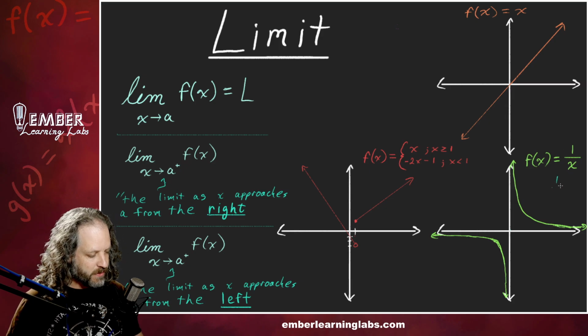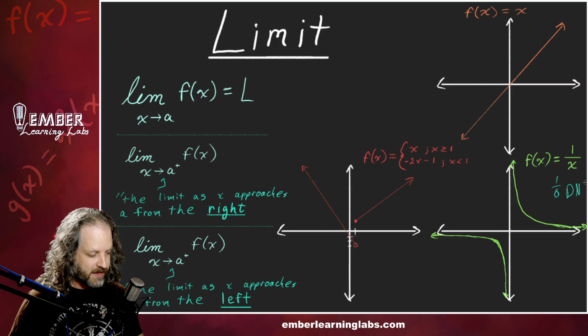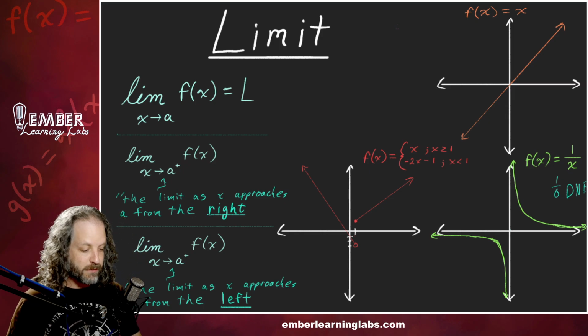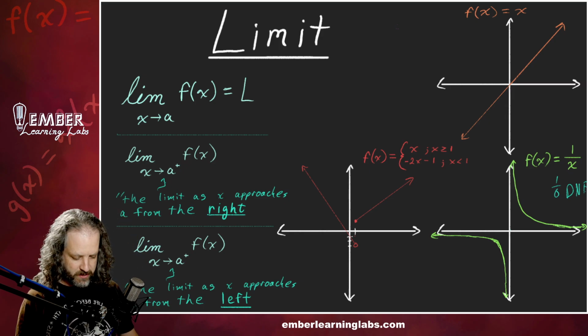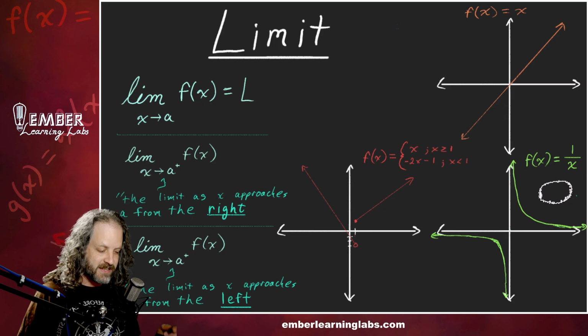If we put a 0 in here, 1 over 0 is not defined. It does not exist there, but it does have a limit. Its limit is plus or minus infinity, depending on which direction we're going. So you can have a limit somewhere, even if a function doesn't exist there.